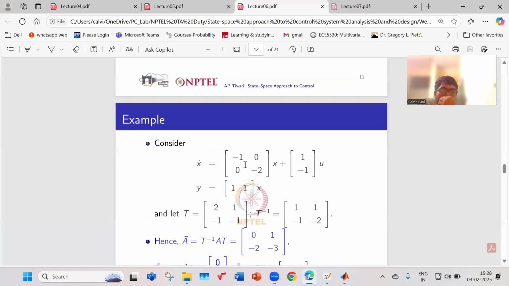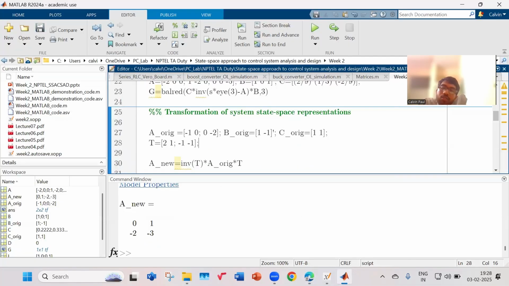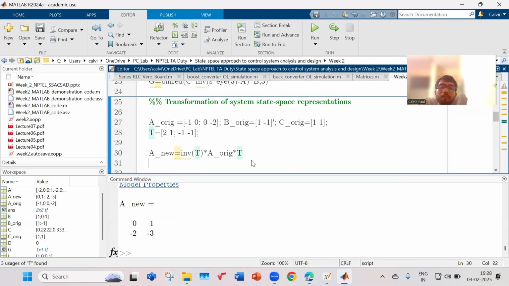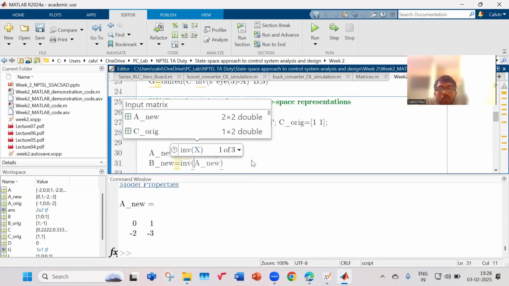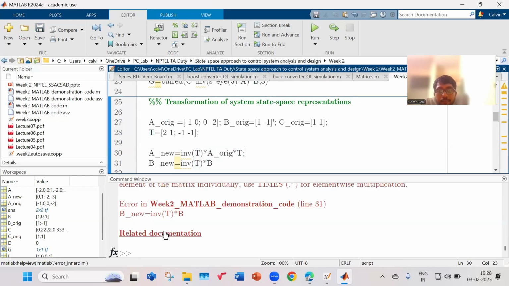A new comes out to be 0, 1, -2, -3, which is shown over here. B new is inverse of T into B original.